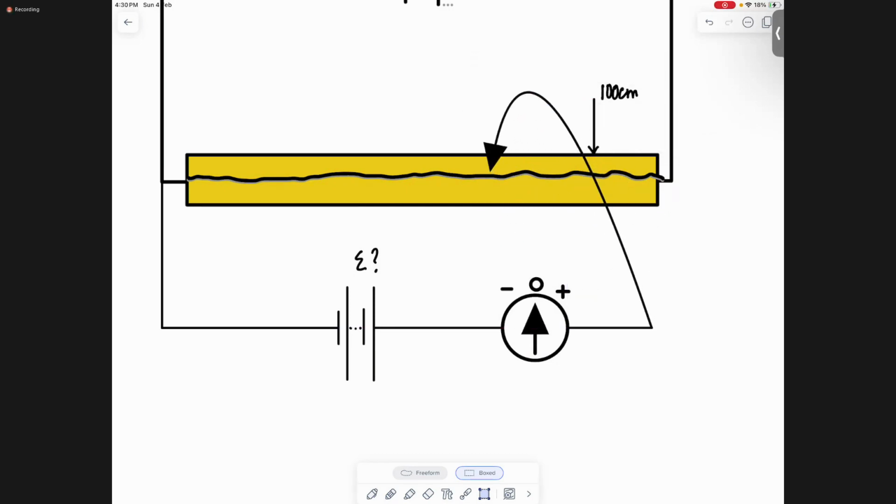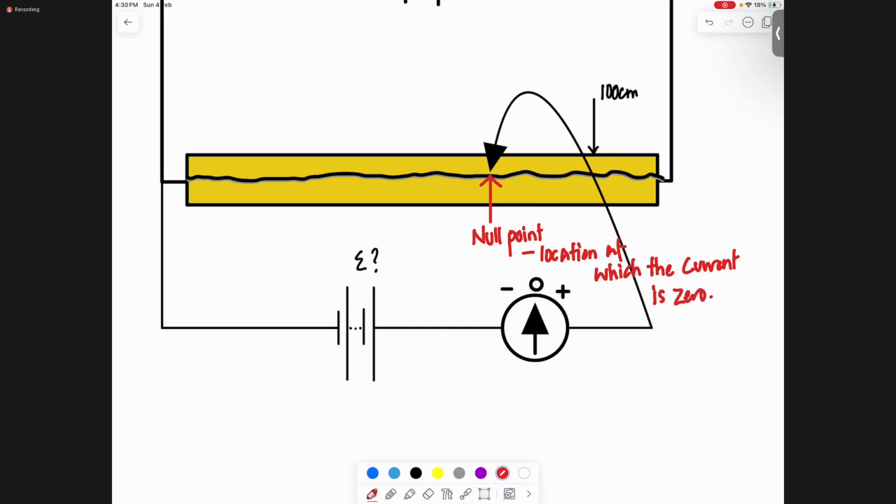So this is called the null point. Null point, there's a definition they may ask: the null point is the location at which the current is zero, because there is no deflection here, so the current is zero.